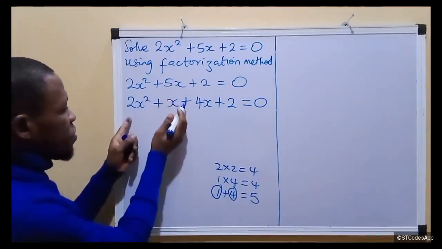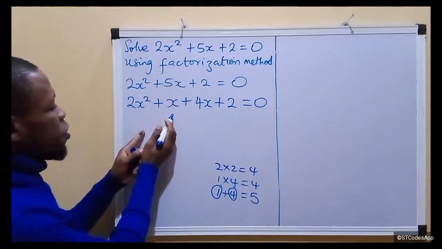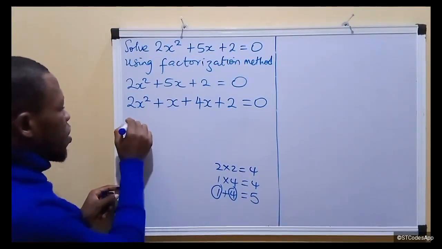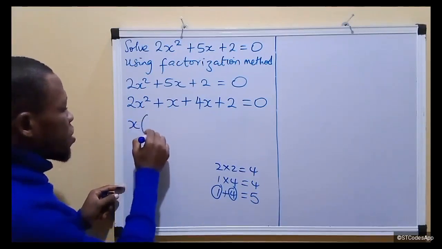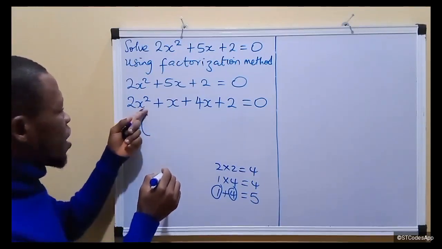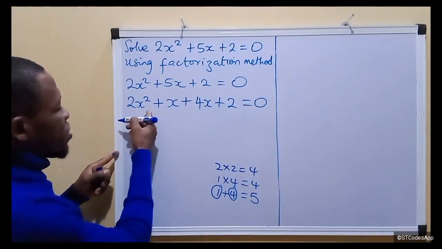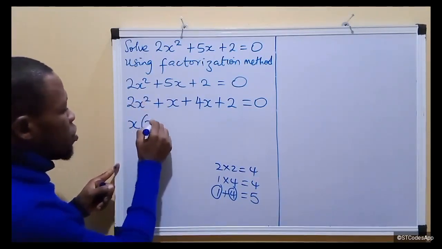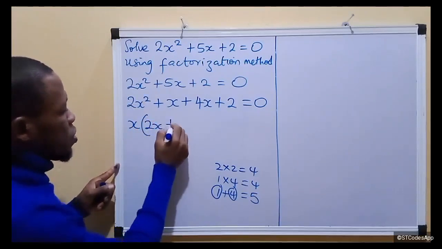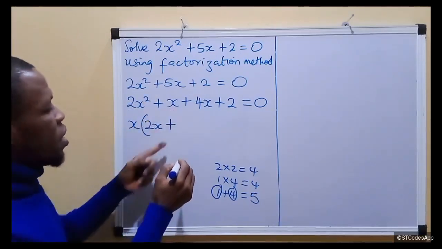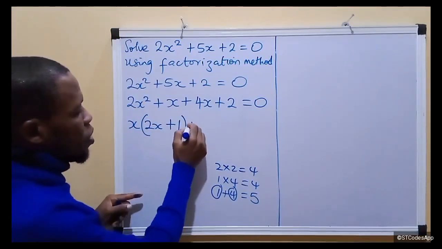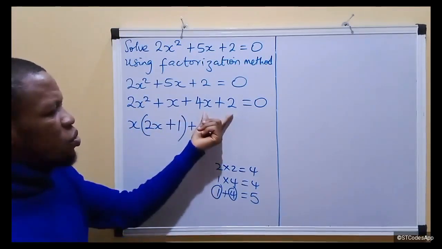Now, in this case, let's factor out the first two terms. What is common here and here is x. So I'll bring it out. We have x. Now, x divides the first term, and we're going to have 2x left because x will cancel one of the x's. And we have 2x. Plus, x divided by x here is going to give us 1. Plus, what is common within these two terms?